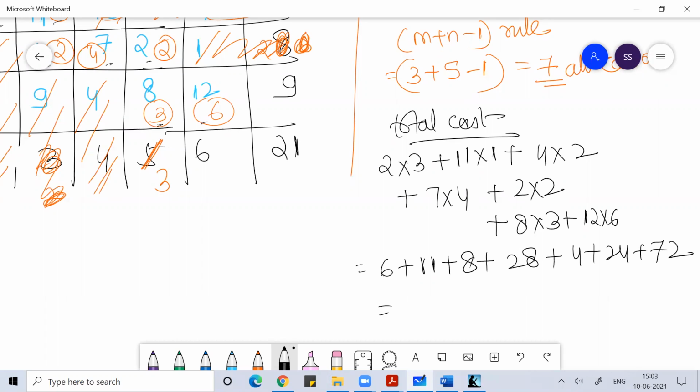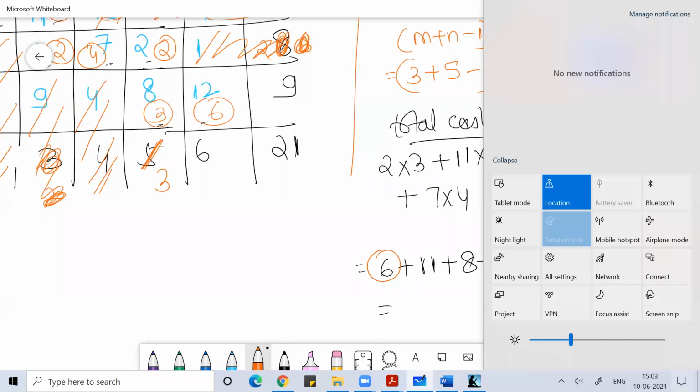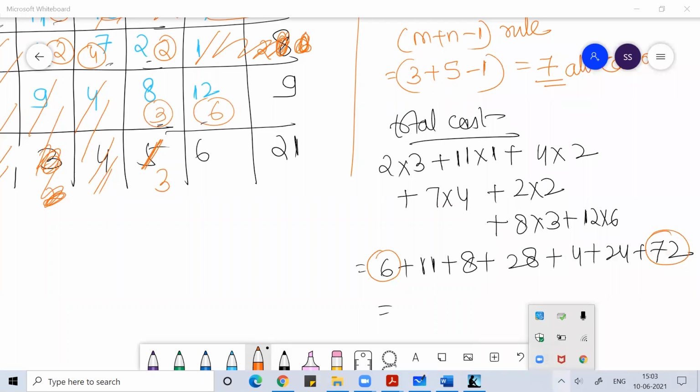So guys, now if you notice, this is 78, 78 plus 8, 86, 90, 101, 125, 150, 153.